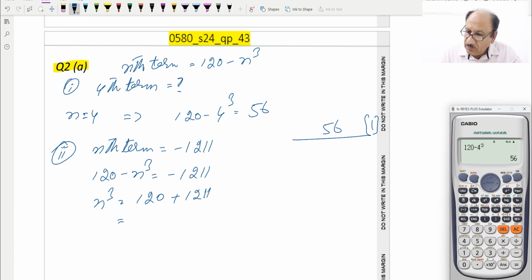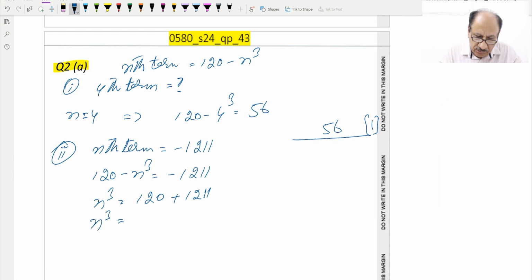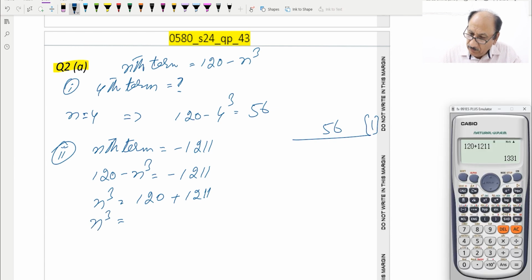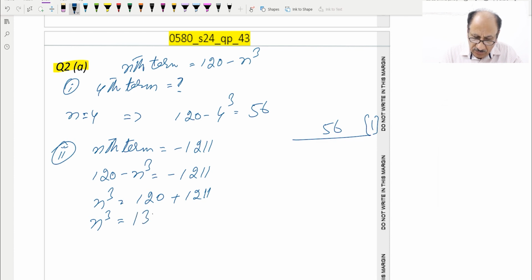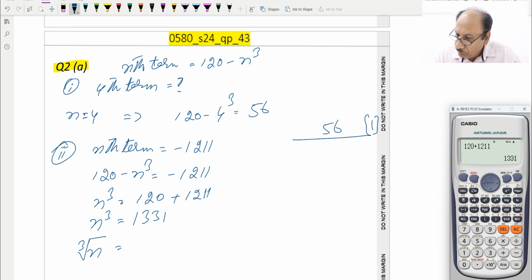We are simplifying this, and n cube is equal to 1331. So we take the cube root, and the cube root of the answer will be equal to 11.